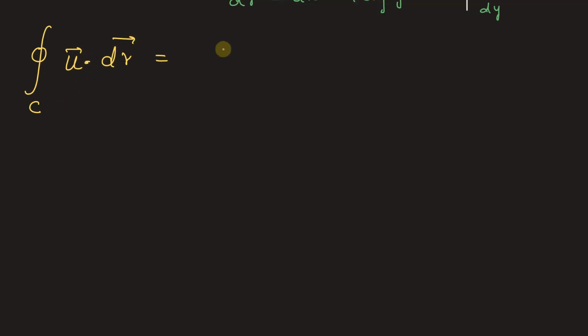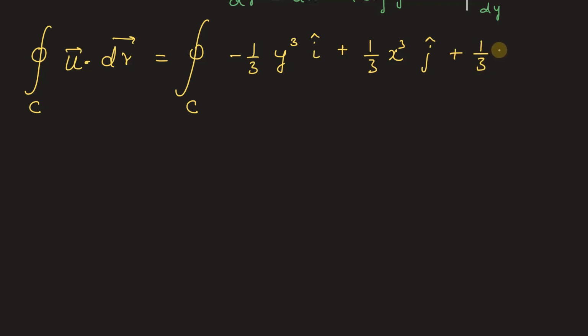This we can write as integral C, and the function u vector is 1/3 (−y³ i cap + x³ j cap + z³ k cap), and this we will dot product with dr vector, that is dx i cap plus dy j cap.